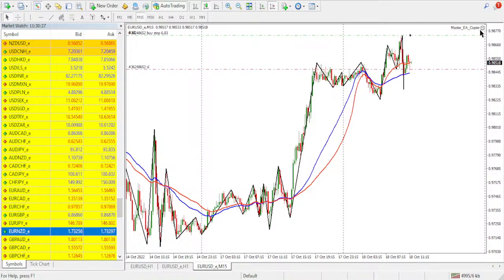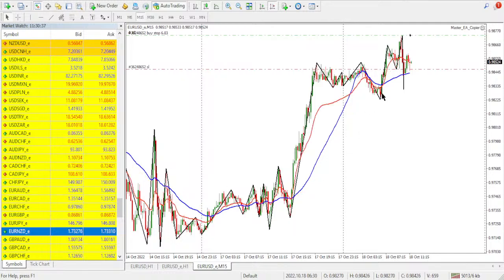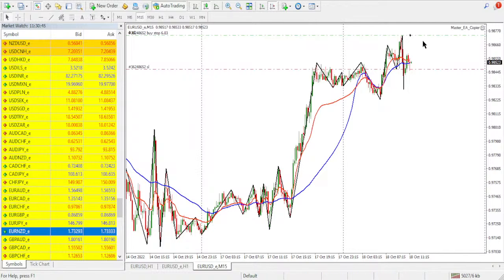Let me see something. So let's see. So you can see here we have a very good buy stop here, and the lot size is dynamic. It's not fixed.